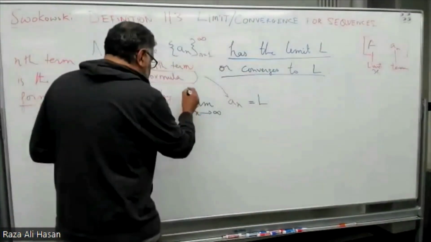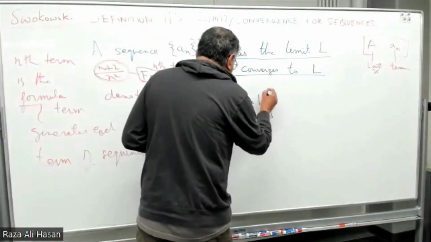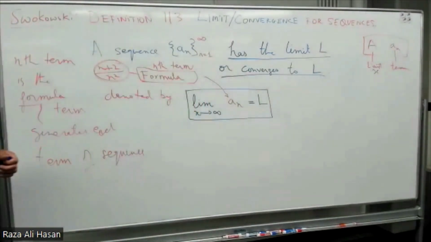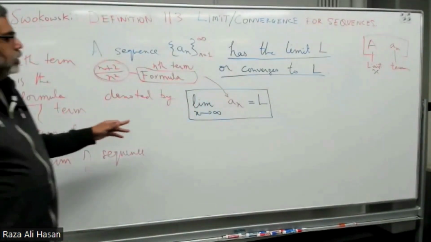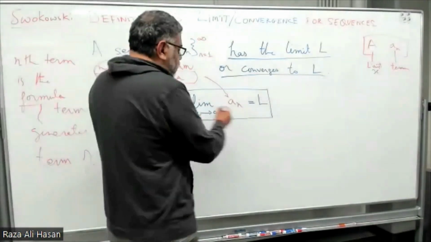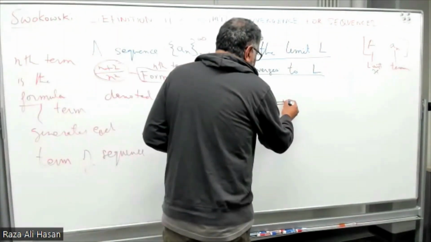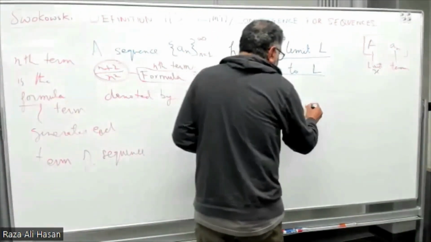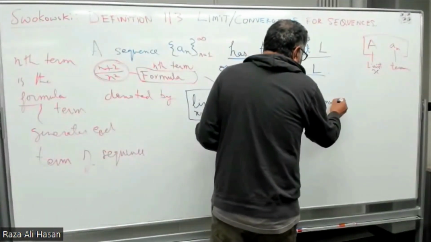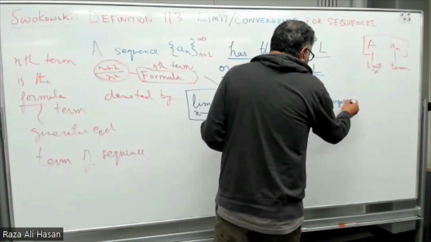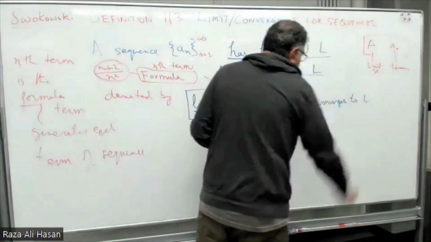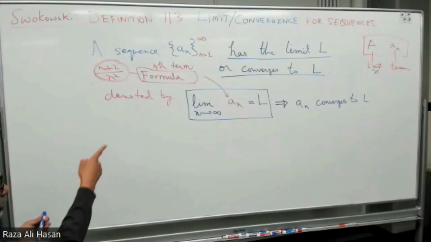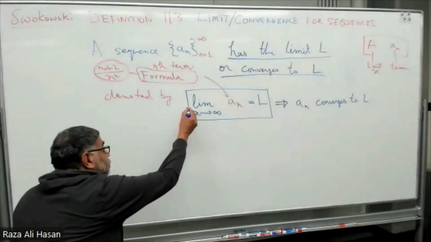What this is saying is that AN converges to L. Now, how to expand this thing.